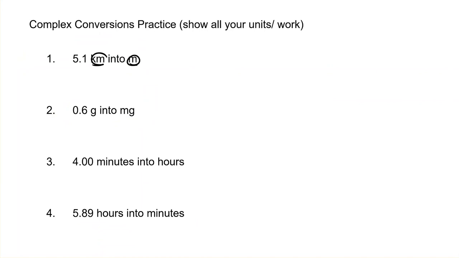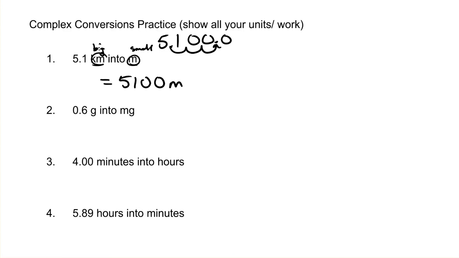So that's 3 steps that we have to move our decimal place. I got to move my decimal place 3 steps, going from a big unit to a small unit, so the number has to get bigger. So 5.1, so 1, 2, 3. And then fill in the rest with zeros. So 5.1 kilometers is equal to 5,100 meters.